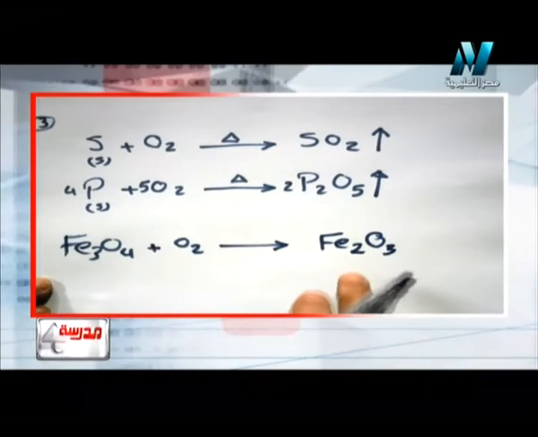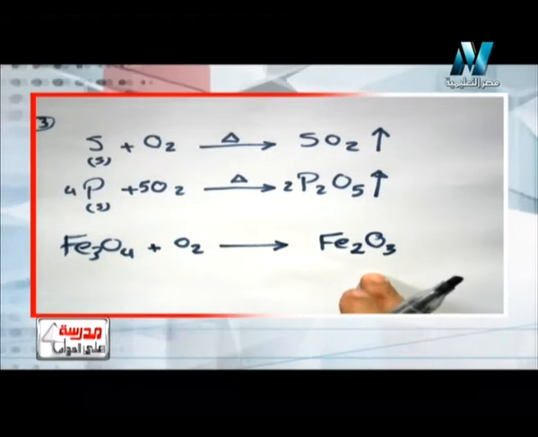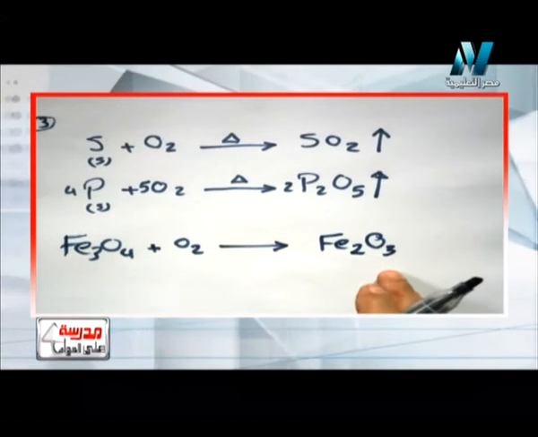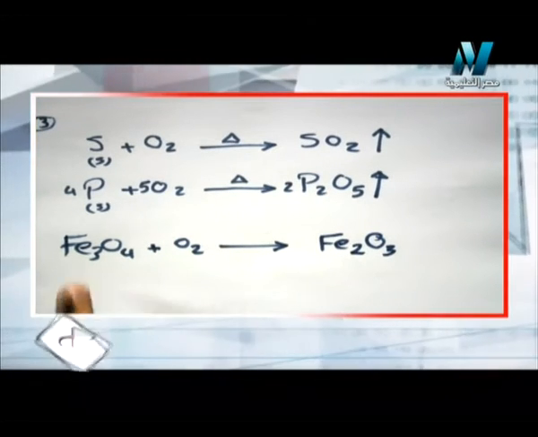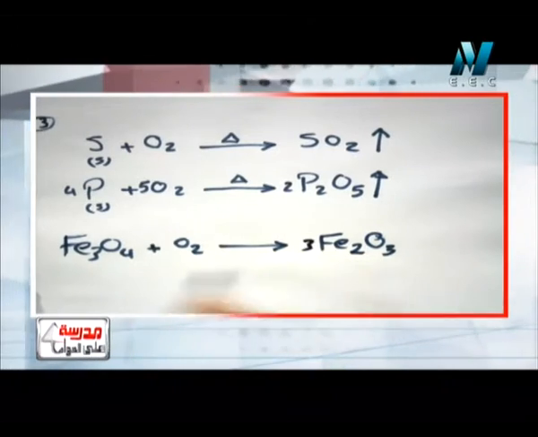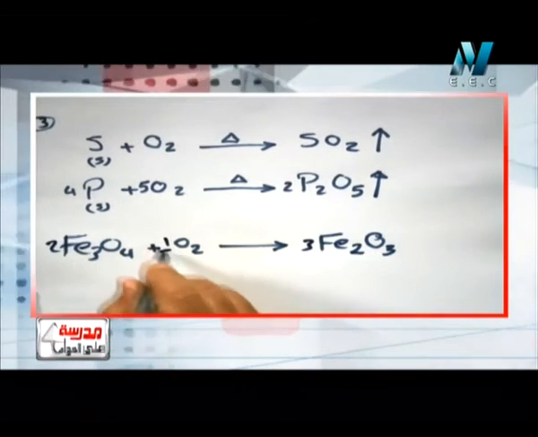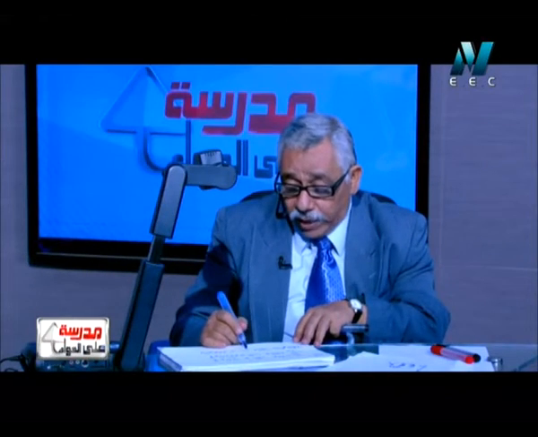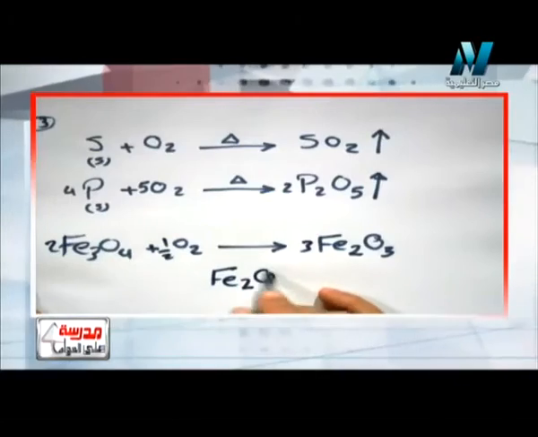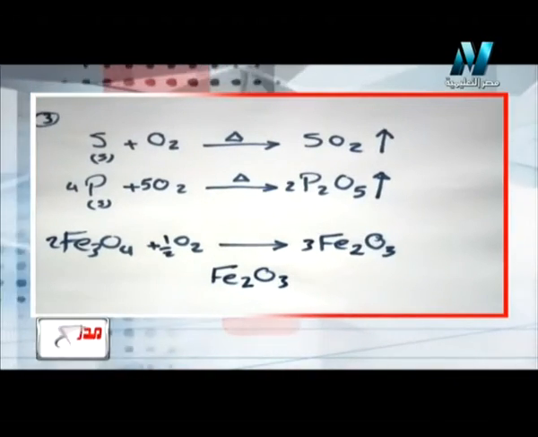This has a higher percentage of oxygen. It is a higher oxide than Fe3O4. This is 3 and this is 2.5 oxygen. So all types of ore will be converted into Fe2O3.